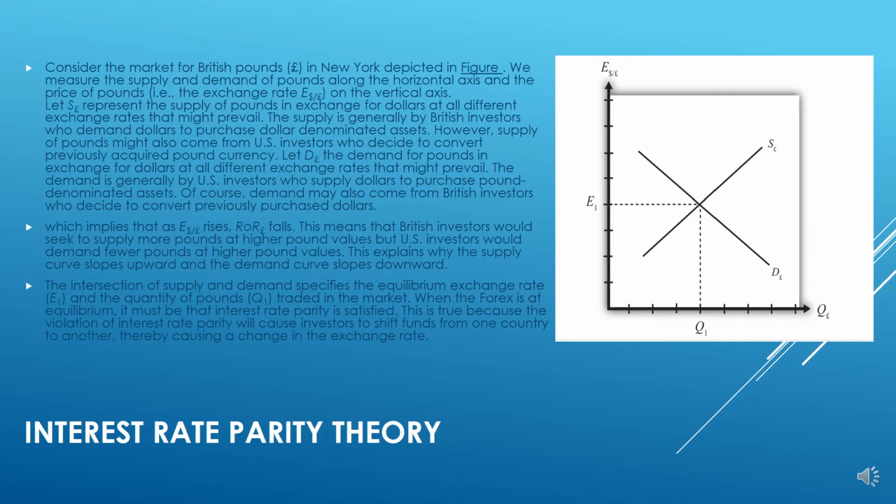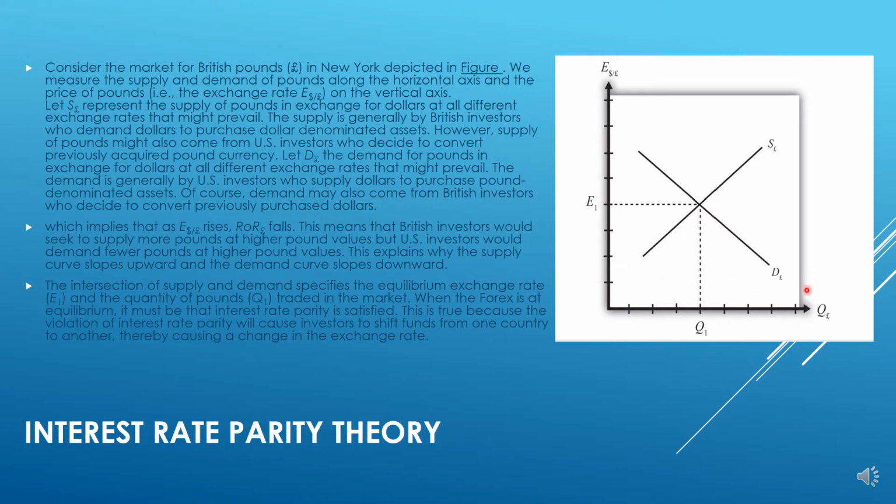So consider the market for British pounds in New York depicted in this figure. We measure the supply and demand of pounds along the horizontal axis and the price of pounds, that is the exchange rate, on the vertical axis.